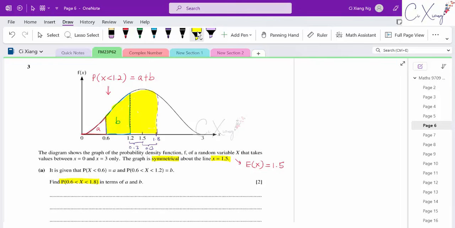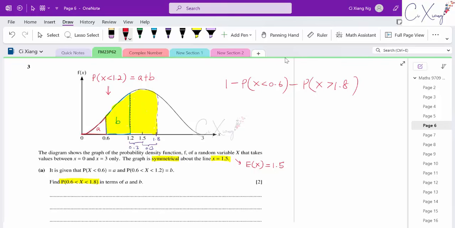Okay, so to find this area, there are many ways that you can solve it. The first one is to take 1 minus the area below 0.6, then minus the area greater than 1.8.